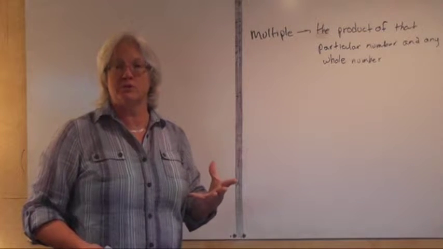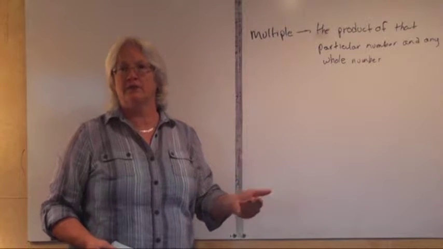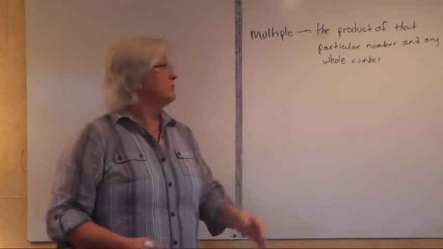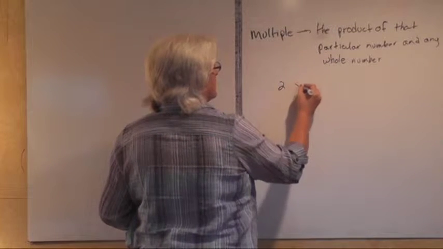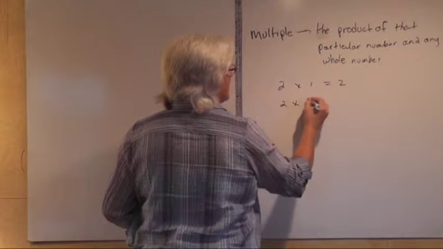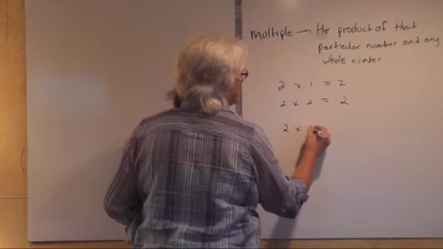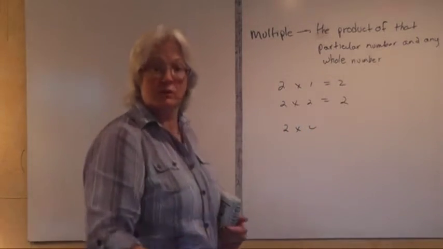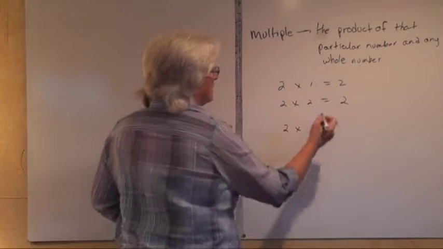You think of multiples as when I say count by 2s, 2, 4, 6, 8, 10, count by 5s, 5, 10, 15, 20. What you're doing with multiples is you're taking that number and you're multiplying it by any whole number. So if I were to ask you, give me the first 4 multiples, and of course I write a 4 instead of a 3, because that's what comes out of my mouth.